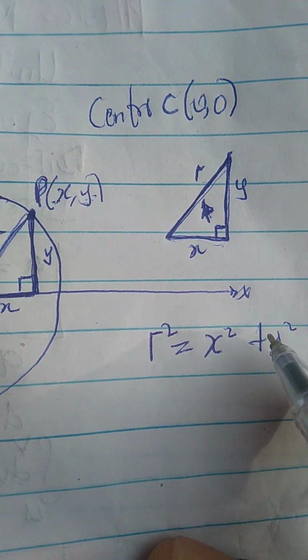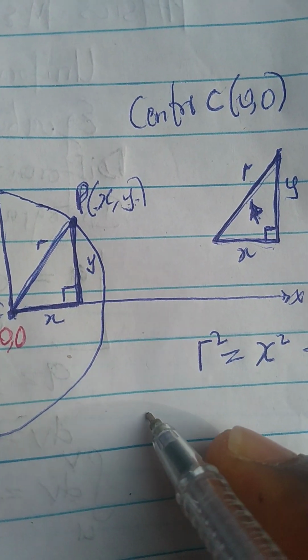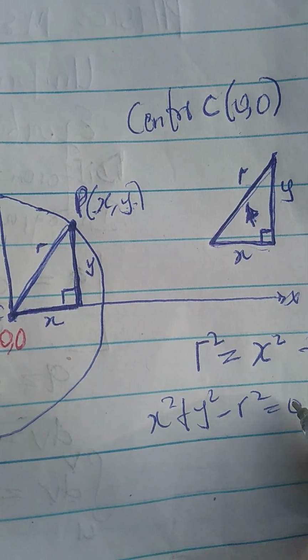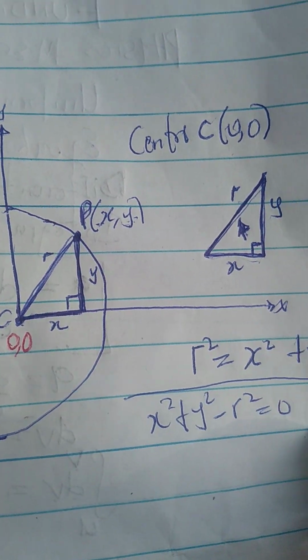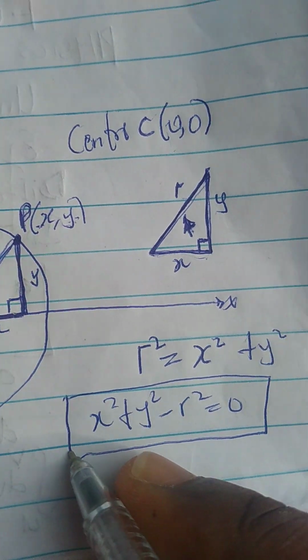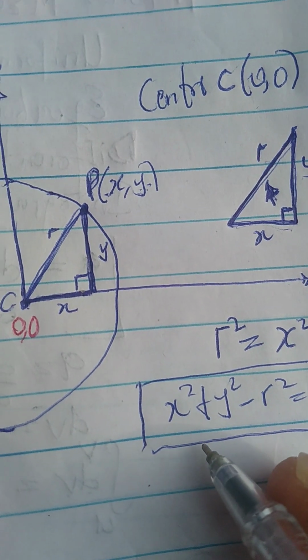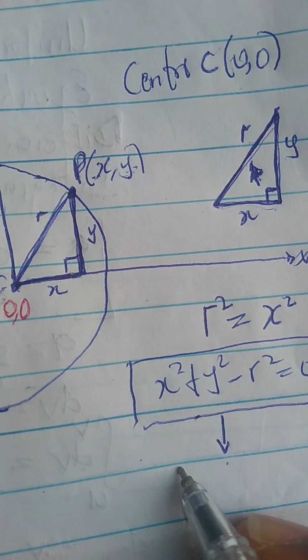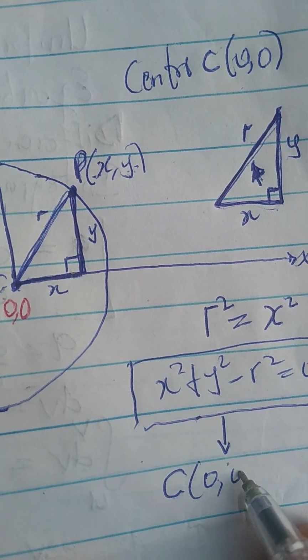So putting everything on one side, we have x squared plus y squared minus r squared is equal to 0. This expression that we just derived is the equation of a circle centered at the origin 0, 0.